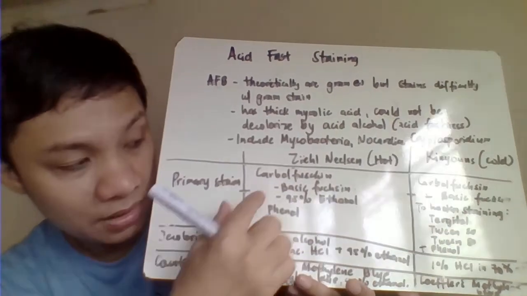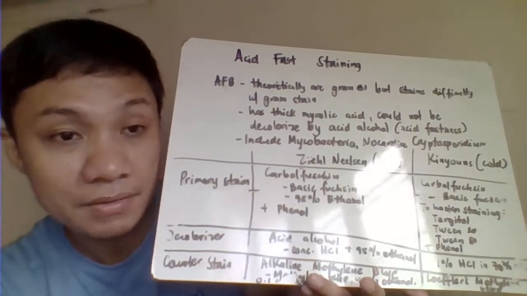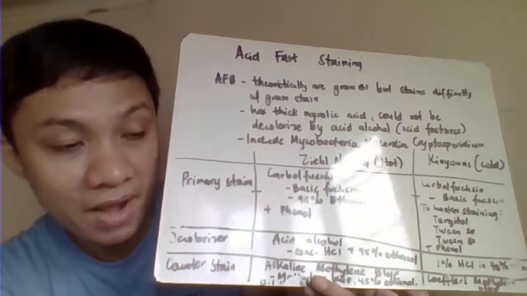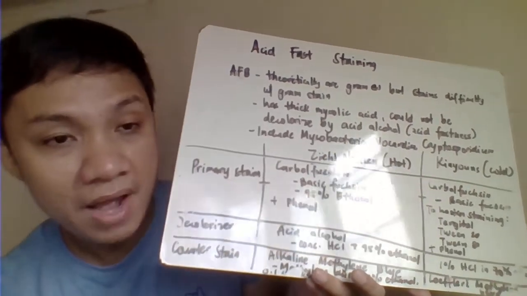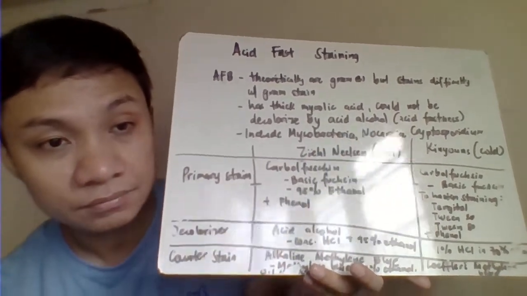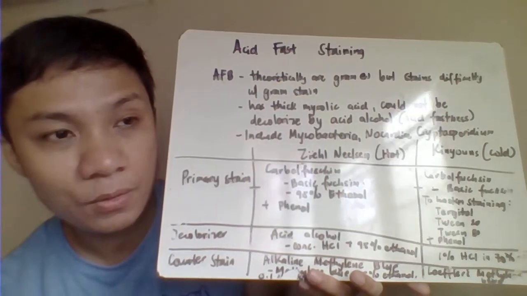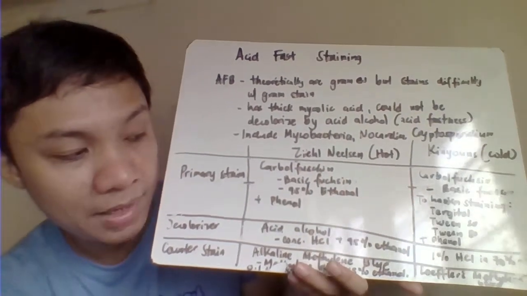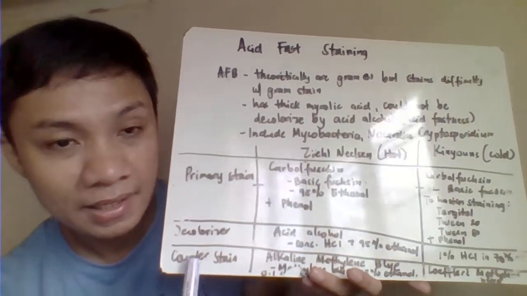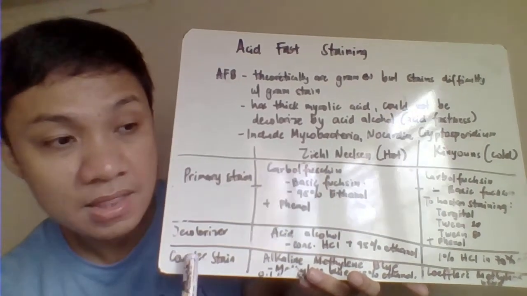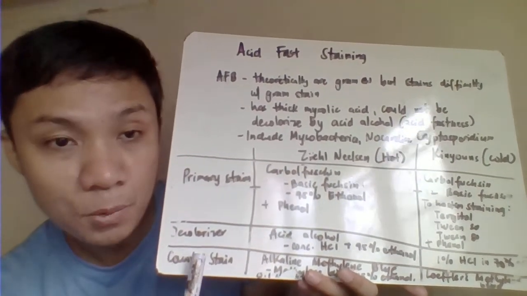And therefore, retain niya ang primer stain color that gives red color for acid-fast. In the case of your non-acid-fast, after decolorization, they try to remove here the primer stain. So, pag nag-add ka ng counterstain, they are going to take up here the counterstain, which is your methylene blue. So, magiging blue ang color nila.